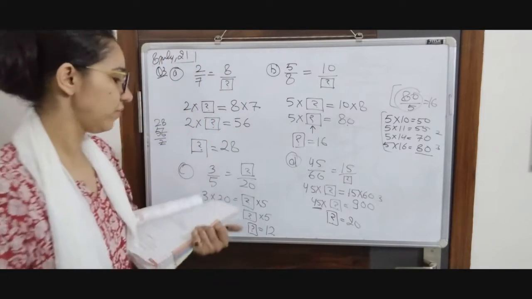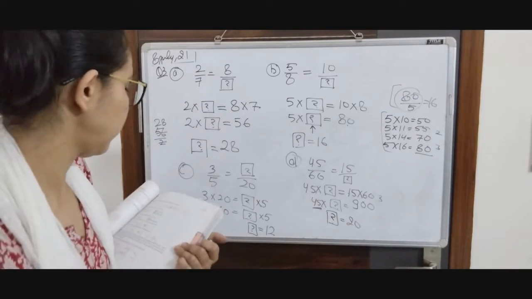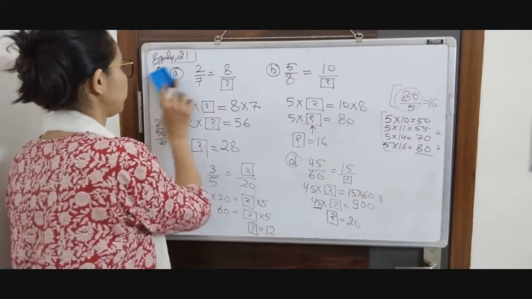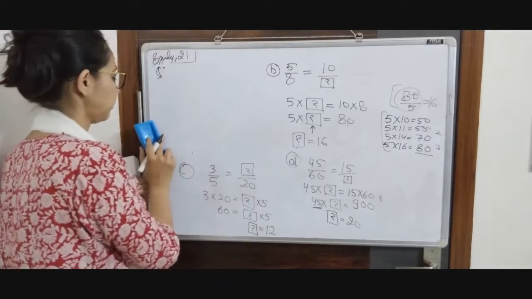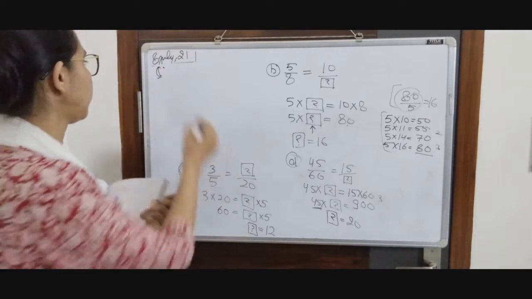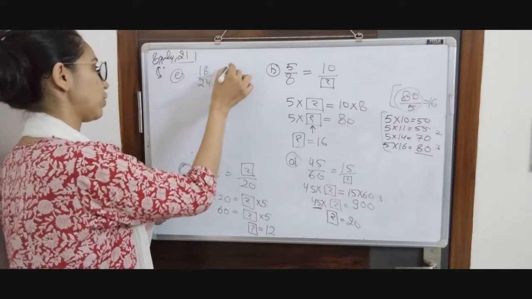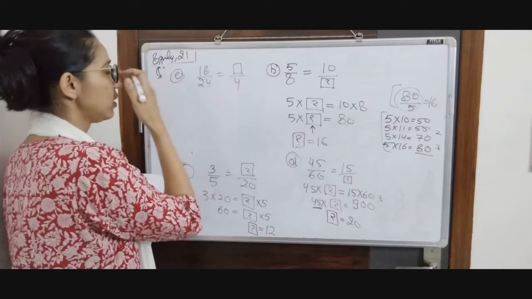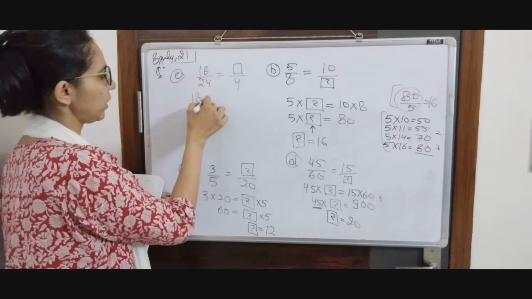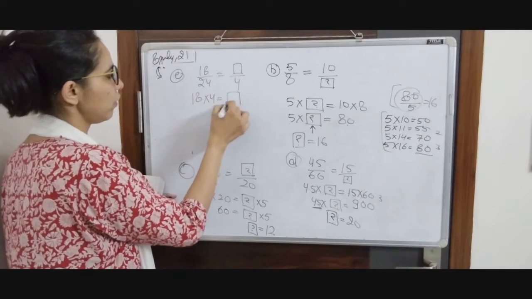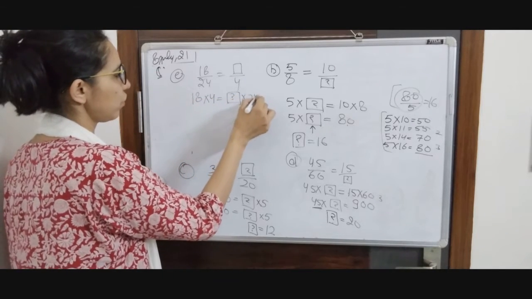Okay. Similarly, we can find out the E part, and E part is 18 by 24 is equal to dash by 4. Okay. So we will use the method of cross multiplication. 18 into 4 will be this number multiplied with 24.